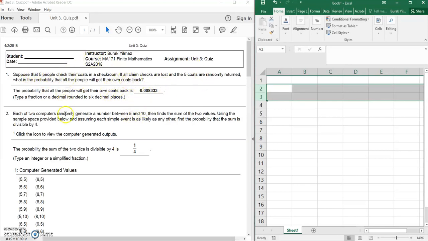And also the order of the questions will be different. So the first question here might appear as question number 6 in your own quiz. And again, the numbers are also going to be different. So the answers here are not going to be the correct answers for your own quiz.